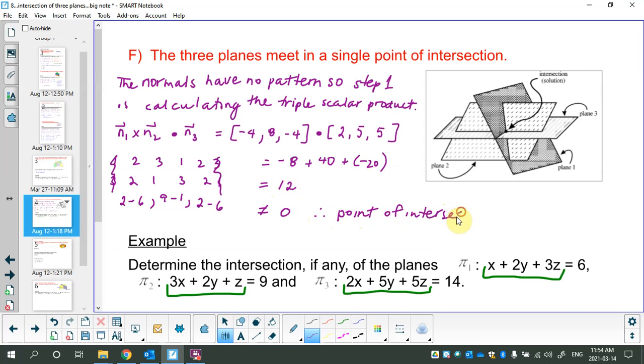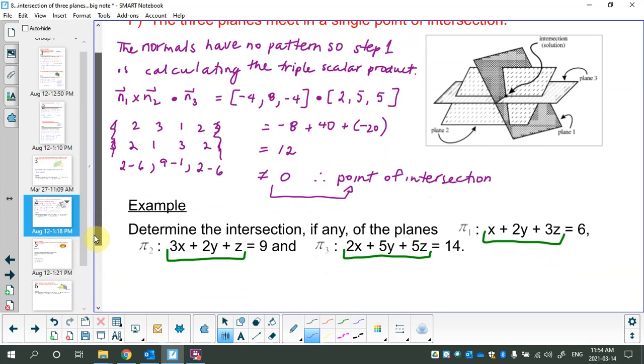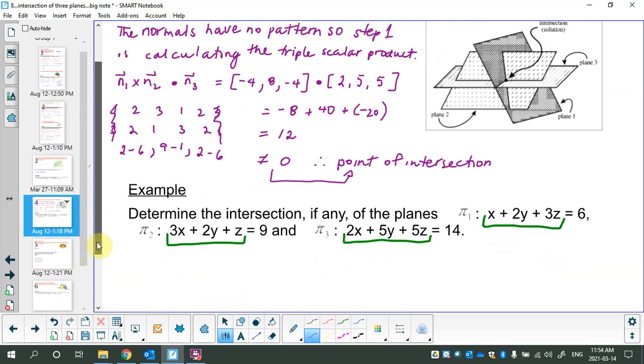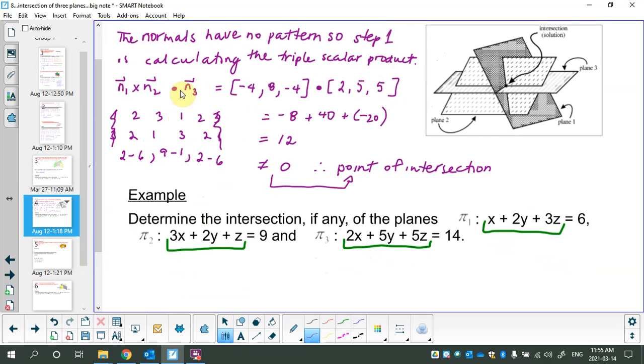We will get into what happens when it's actually 0, but not equal to 0 means point of intersection. So now I get to show you how to find the point of intersection now that I've proved there's going to be one. And again, the only reason I did any of this calculation was because the normals had no pattern. Out of all three of them, there was no pattern whatsoever.